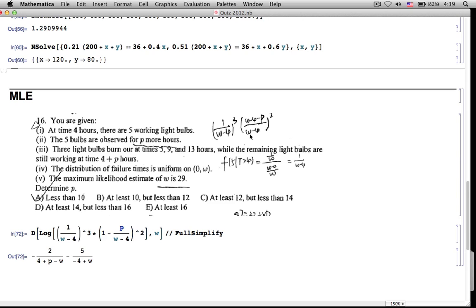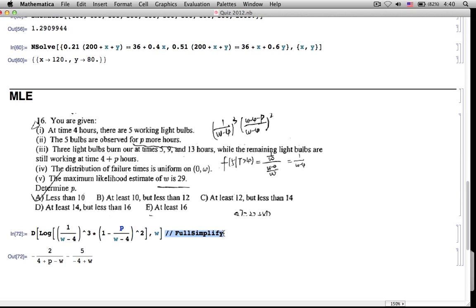So if you take this, which I faithfully copied here, and take the natural log of it, which in Mathematica is the Log function, and you take the partial derivative, here D for derivative, with respect to omega, and use another command, FullSimplify, to simplify the arithmetic expression.